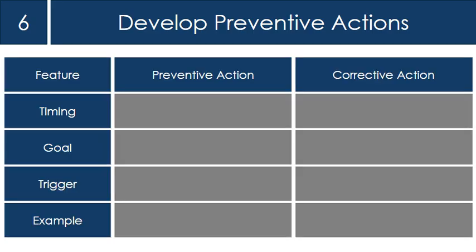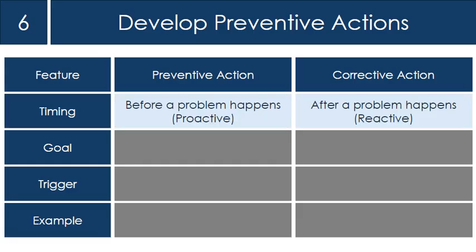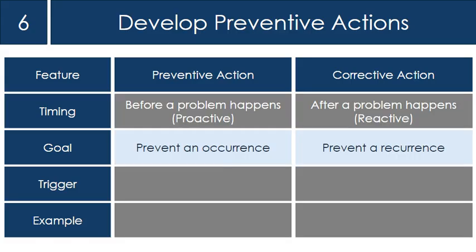People often group these preventive and corrective actions together, but they mean different things. Here are the differences. Timing. Preventive actions are proactive, implemented before a problem happens. And corrective actions occur after the problem surfaces, and therefore reactive. The goal of preventive actions is to prevent occurrence, where a corrective action's goal is to prevent recurrence.